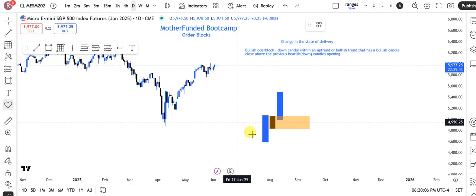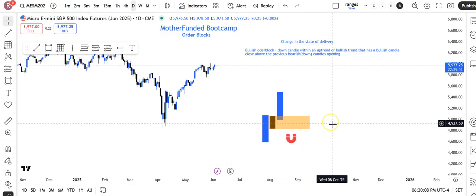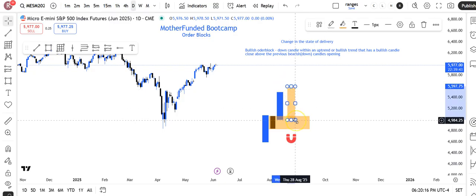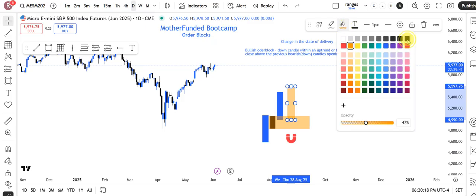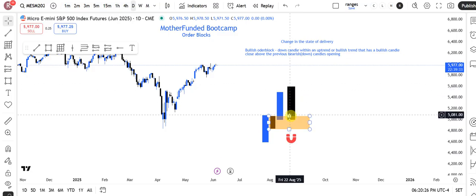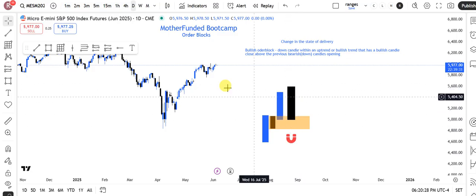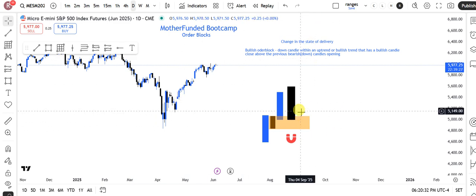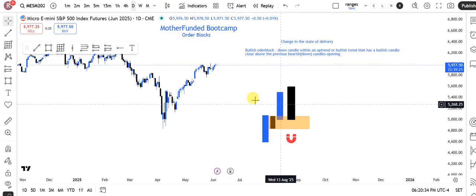Sorry about that. And it'll act as a magnet. So if there was a candle that trades down into this, we can use this as a confluence that this is only coming down in here to provide some type of fair value, and then continue in the direction that it was going, which would be the uptrend.